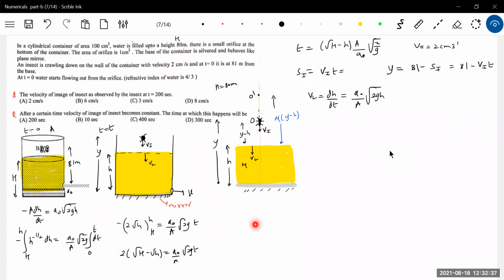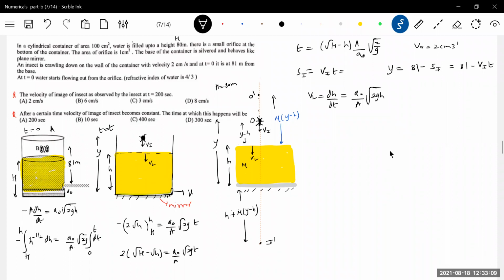Now the mirror will form its image. Where do it will form its image? It will form inside this one. This will be I dash, will call it. So what is this distance will be? H plus mu into y minus h.